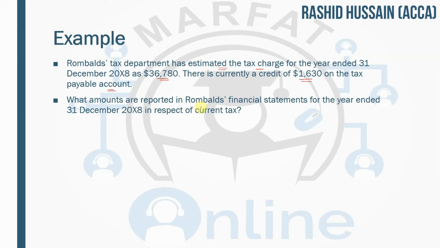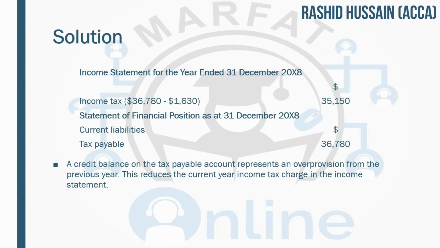What amounts are reported in Rombal's financial statements for the year ended 31st December in respect of the current tax? So you have the current tax provision, which is simply the expense as well as the liability, and then you have the over provision, which will reduce the current year tax charge.